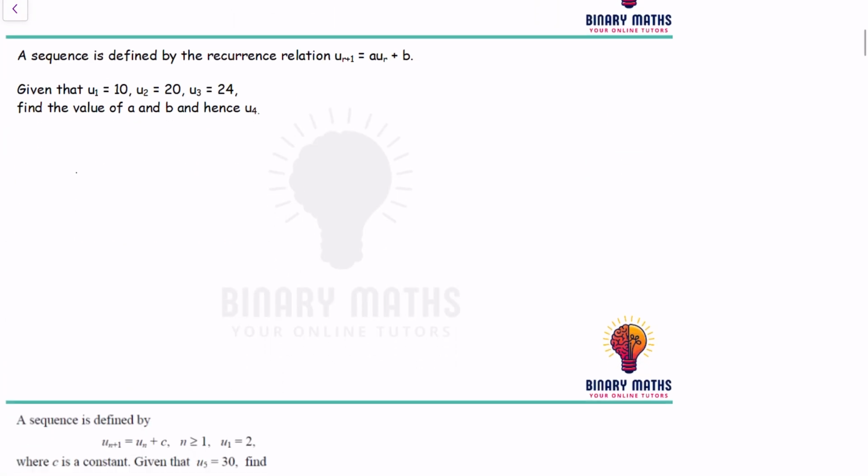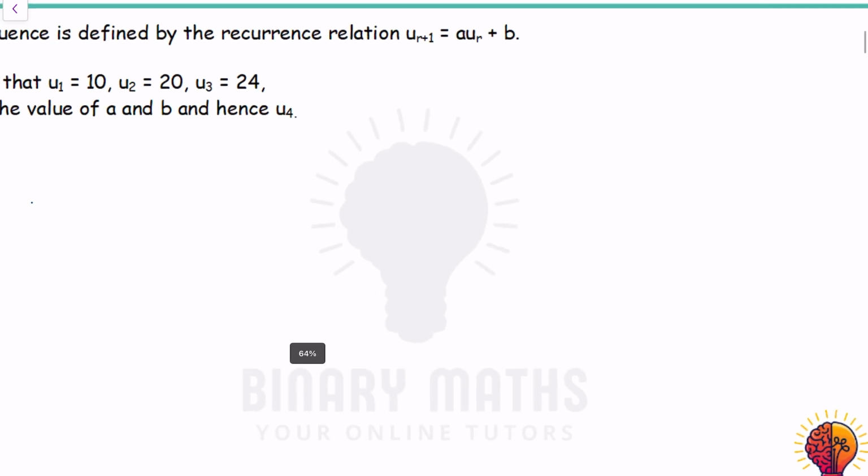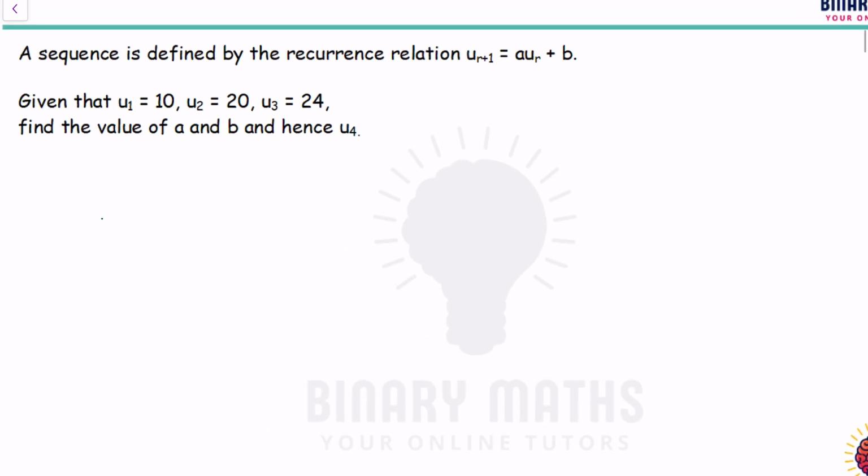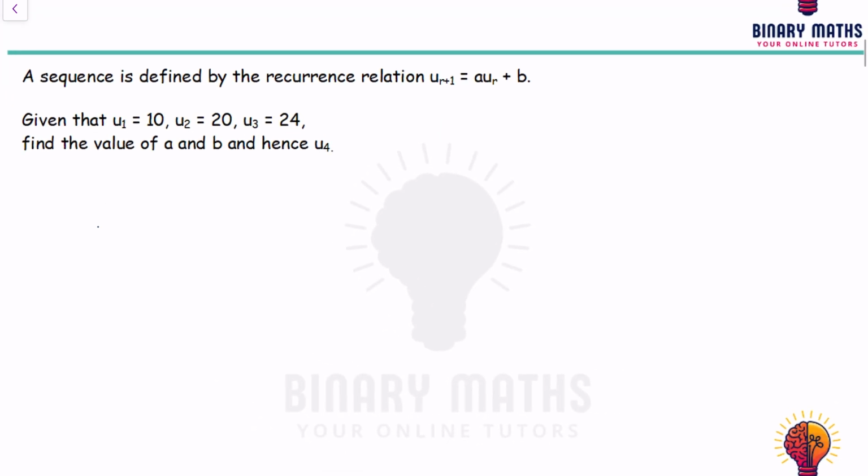Next question. A sequence is defined by the recurrence relation u_(r+1) is equal to a times u_r plus b. So this r plus 1 is the next term. To get the next term, you're doing a times the previous term plus b.